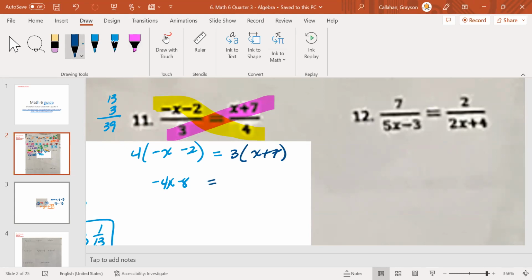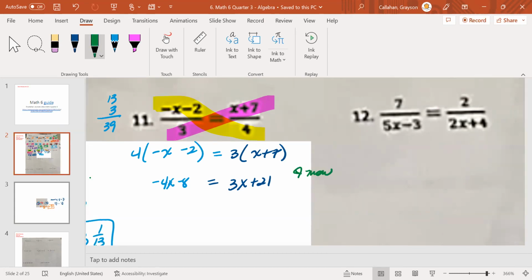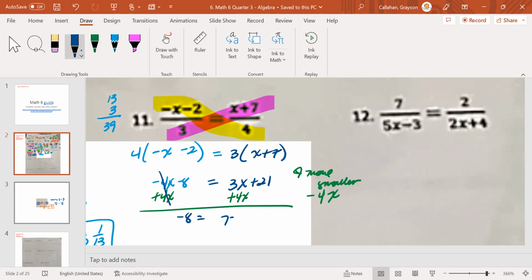Once you distribute it, that should be 3x plus 21. You always move the smallest x. In this case, it's going to be a negative 4x. Opposite of a negative 4 is a positive 4. So you add it to both sides. That part cancels. Bring down the negative 8.